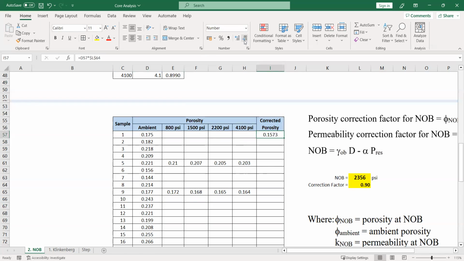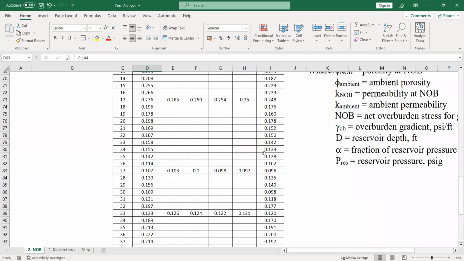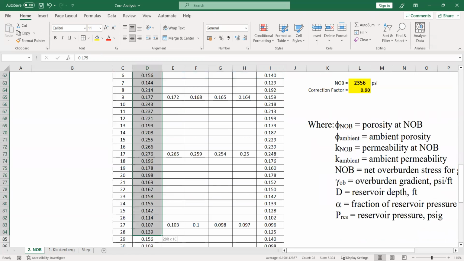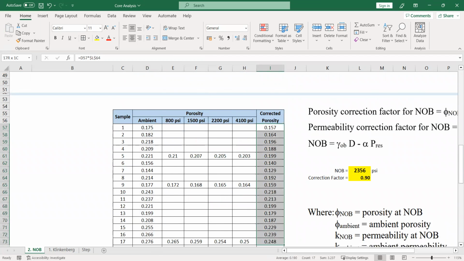Okay, I will use 3 significant figures and then just double click. All right, sorry, this is a typo. And then we get that.